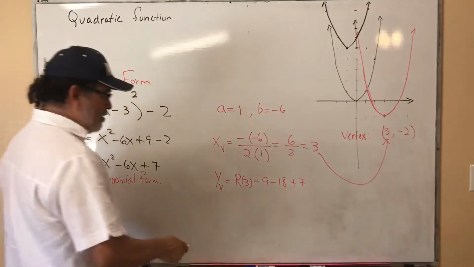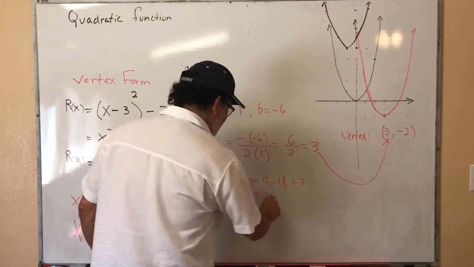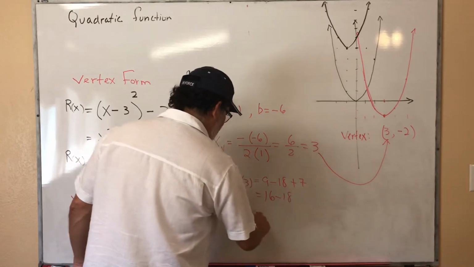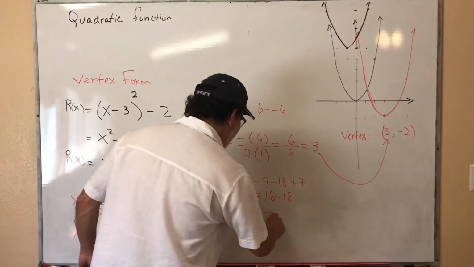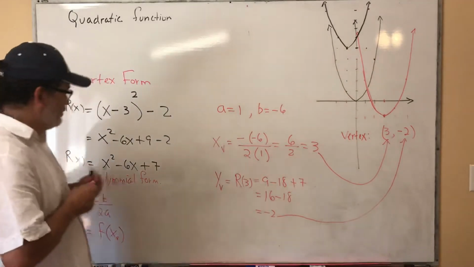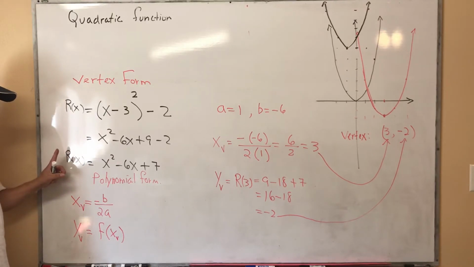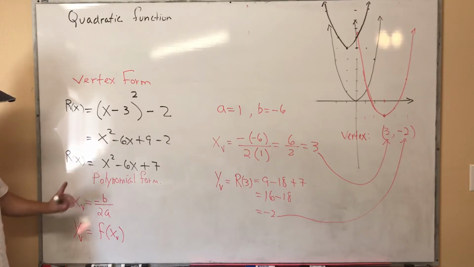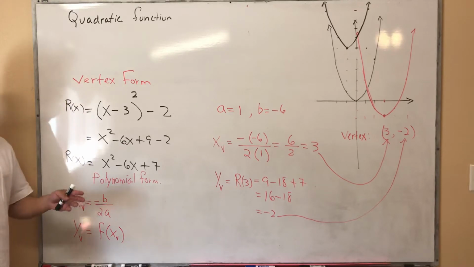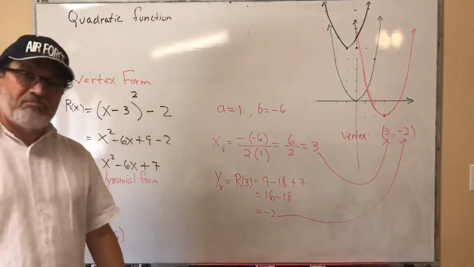What is 9 plus 7? 16 minus 18. And what's 16 minus 18? Negative 2. Yay! Right there. So if you're ever given a quadratic function in polynomial form, you can use this formula to find the vertex. Yep, yes we can.